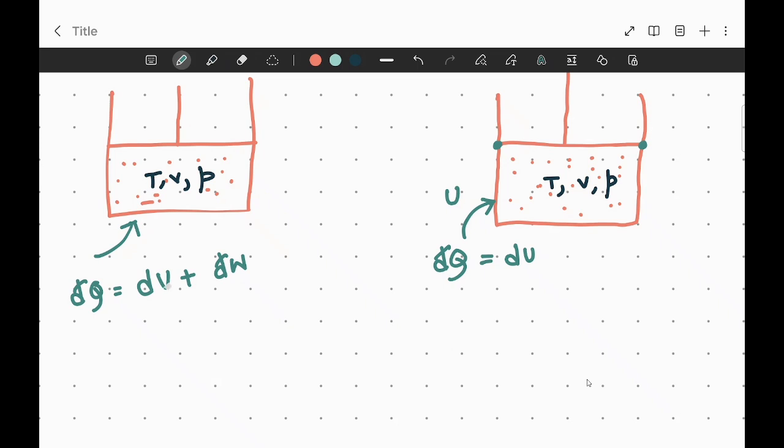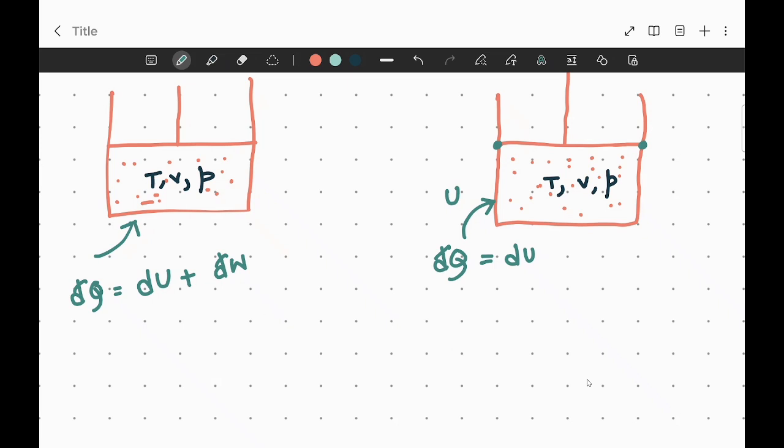Now you see, you are giving some amount of heat, let's say 10. Some of that heat is used to increase the volume, that means mechanical work. The rest of the heat goes to increase the temperature, that means the internal energy. So all of the heat is not used to increase the temperature. So it's clear that to increase the temperature by 1 degree here, you require more heat.